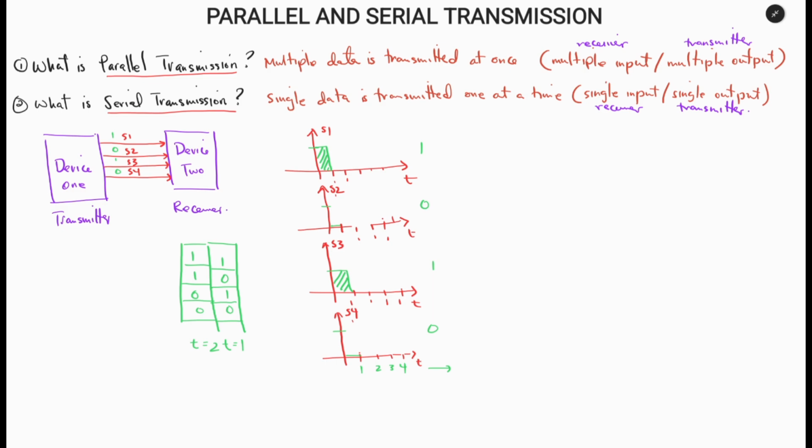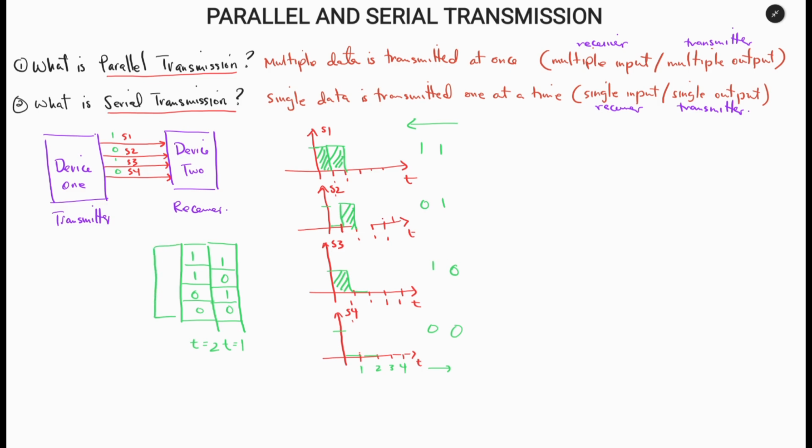Now we can have 1, 1, 0, 0, and we can plot the graph such that we have 1, and this will be 1, and this will be 0, and this will be 0, and we assume that the data is transmitted in this direction.